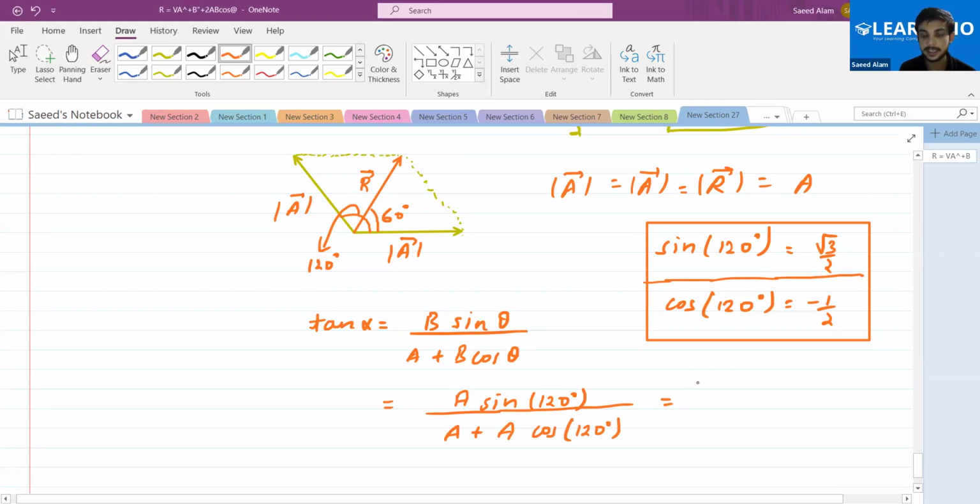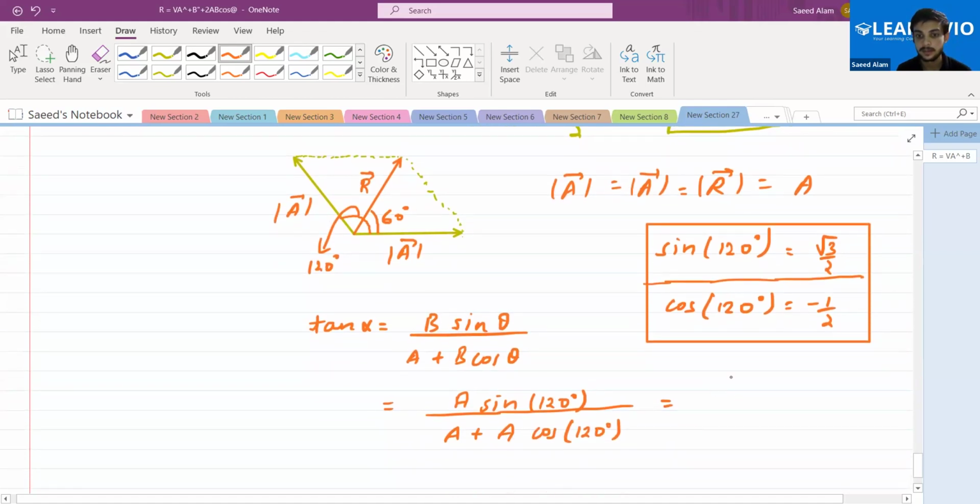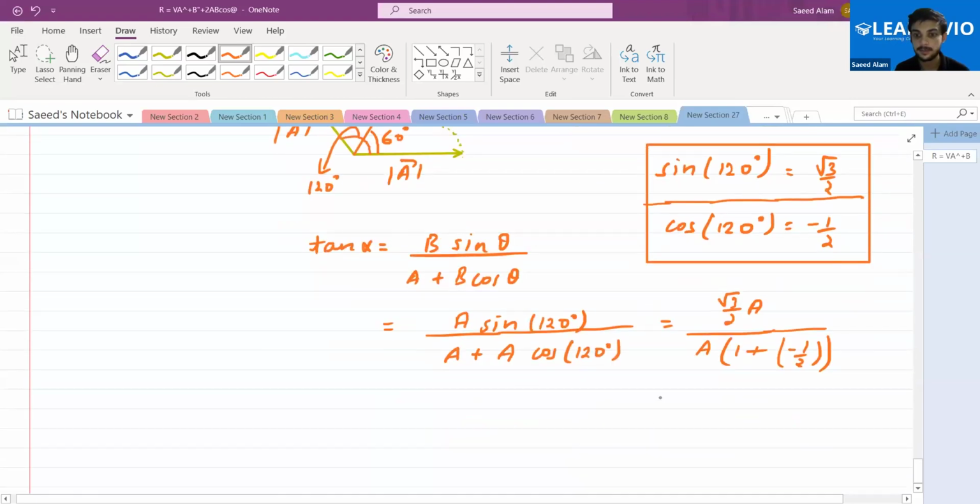What will I get in the numerator? A into root 3 by 2. Root 3 by 2 into a, and whole divided by a into 1 plus cos of 120, that is negative 1 by 2. What expression will I get here?